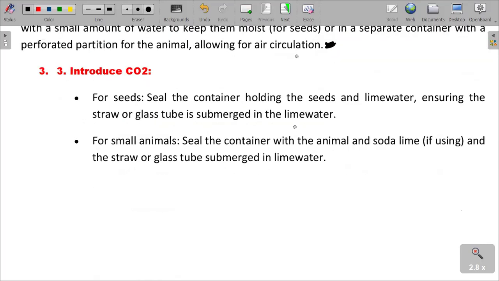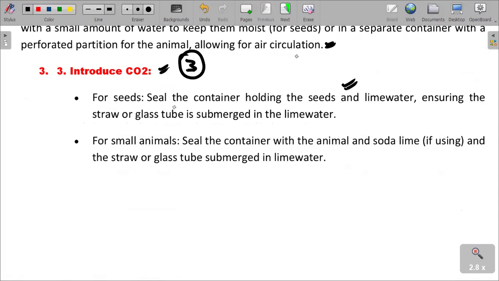So step number 3, introduce carbon dioxide. For seeds, seal the container holding the seeds and lime water.